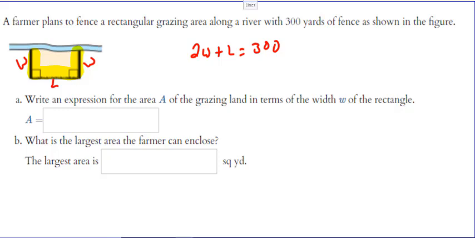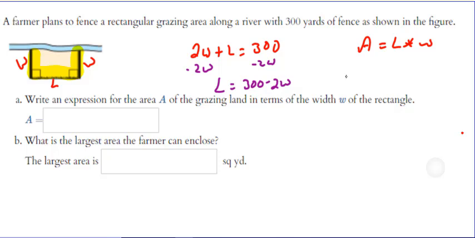Now, writing an expression for the area. Well, area is length times width. So we've got width, but we don't have L. If I subtract 2W, I get L is equal to 300 minus 2W.